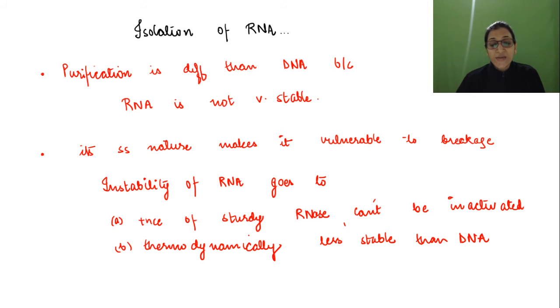Because of the 2' hydroxyl group on the ribose ring, which promotes the nucleophilic attack on the 5'3' phosphodiester bond from the 2' position to form the 2'3' cyclic phosphate. Thus, it is thermodynamically less stable.